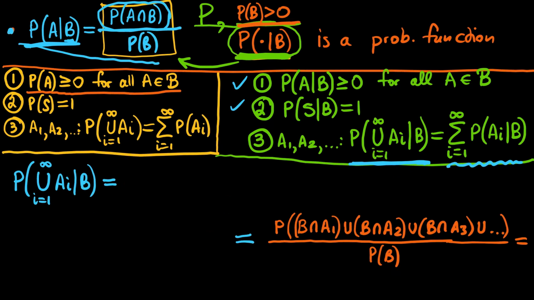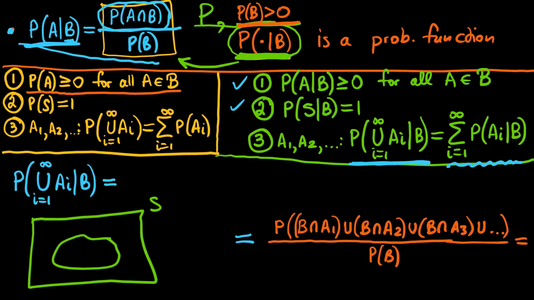So if we just look at a sample space for a minute, let's draw a set B. B represents all the points inside, and then let's draw some sets Ai, which are pairwise disjoint. So let's draw A1, A2, an A3 here, and an A4.